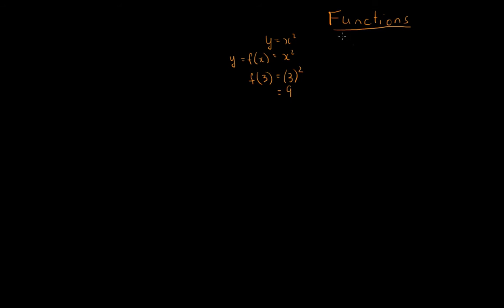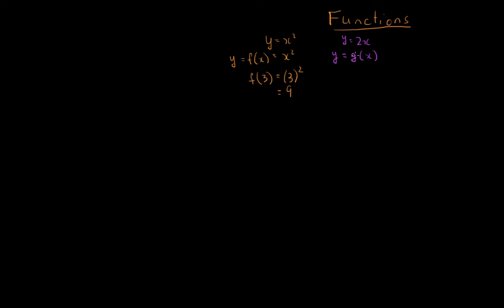So let's say y is equal to 2x. Now if y is equal to 2x, then y is a function of x, but instead of writing function as an f, I can actually change the letter. It doesn't matter what letter you pick. I can write g of x. It means the same thing. The letter just is a name for the function.